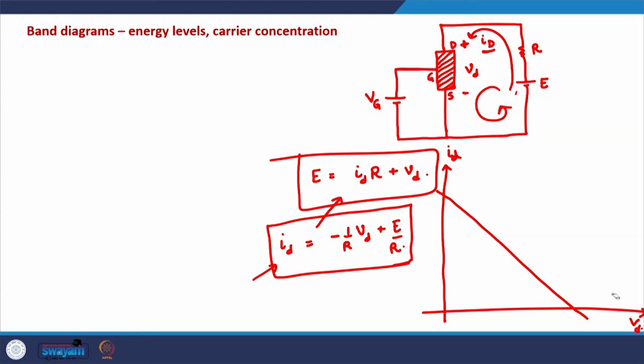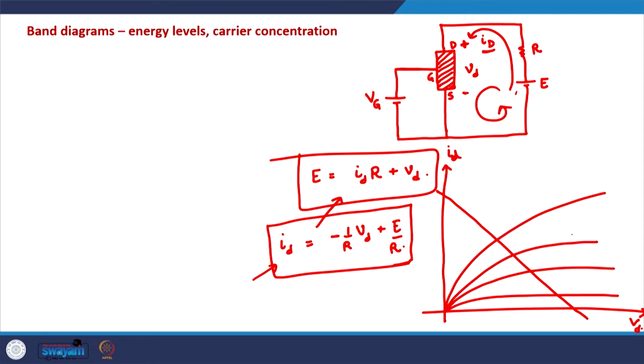At the same time, the ID and VD also satisfy the MOSFET characteristics, and as we had seen, this is how it looks for low gate voltages, and for slightly higher gate voltages this is how it looks, for various gate voltages.